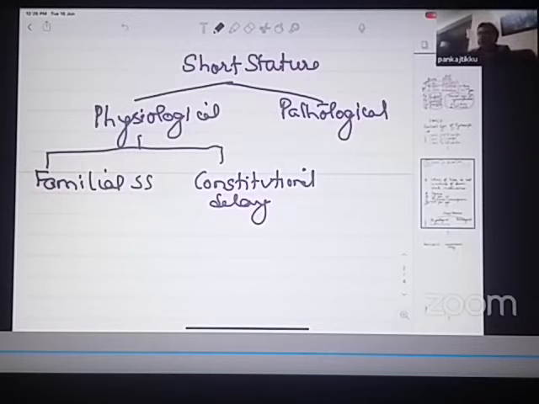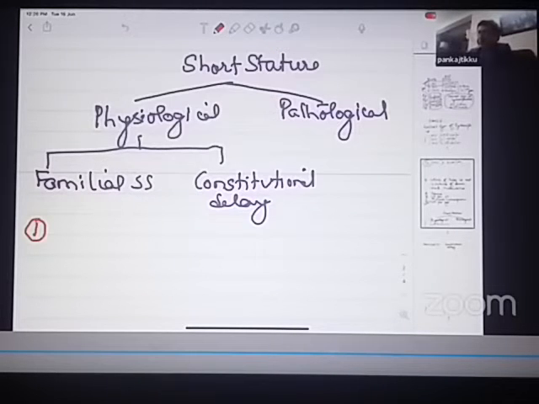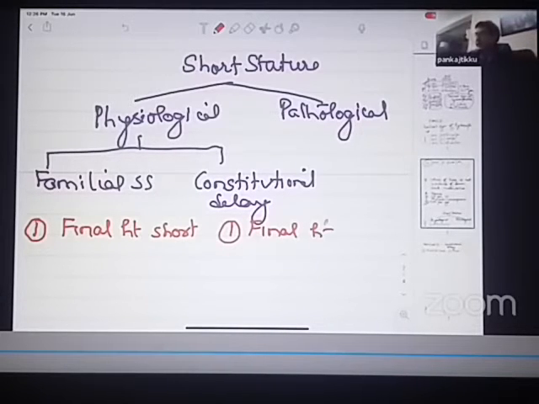What is the basic difference between them? The first basic difference between them is the final height. The final height is usually always short in a case of a familial short stature, while the final height is usually normal in the case of a constitutional delay.